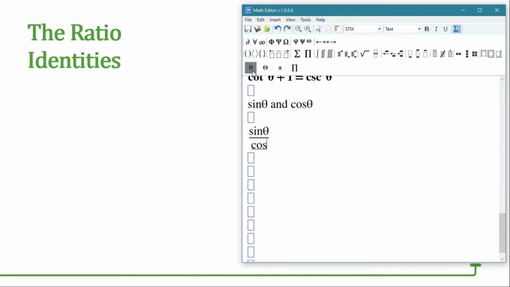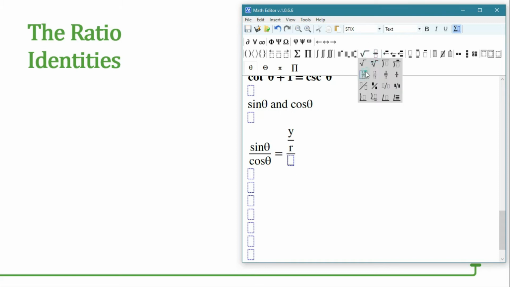And then we substitute the ratios which define these functions. The sine function is equivalent to the ordinate over the hypotenuse, while the cosine function is the abscissa over the hypotenuse.